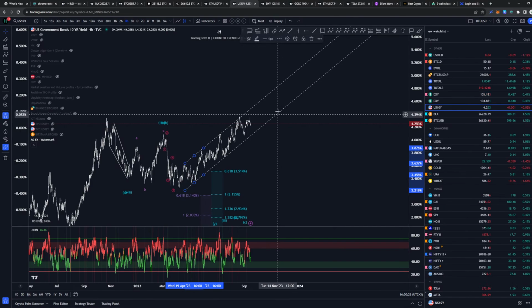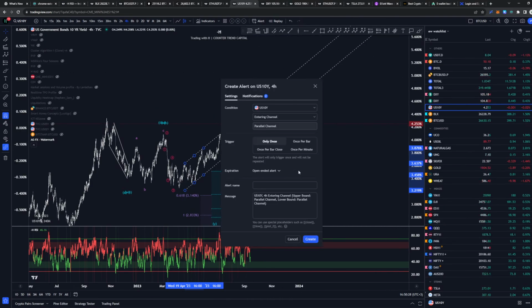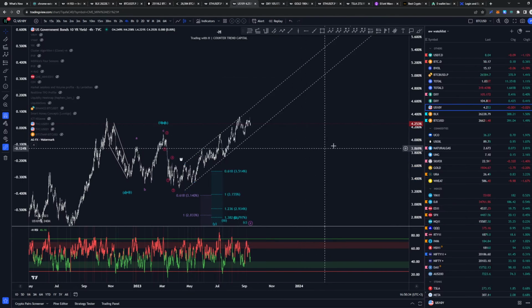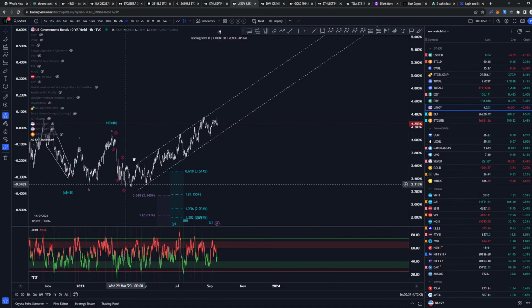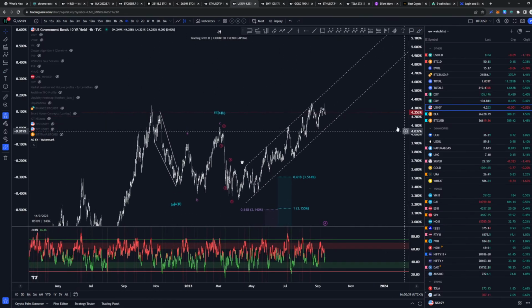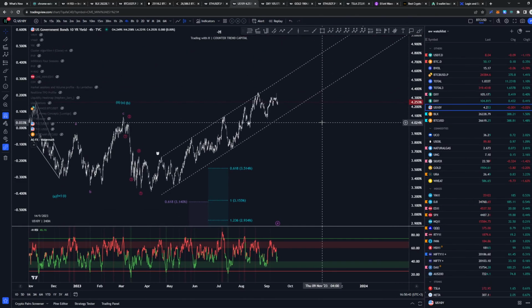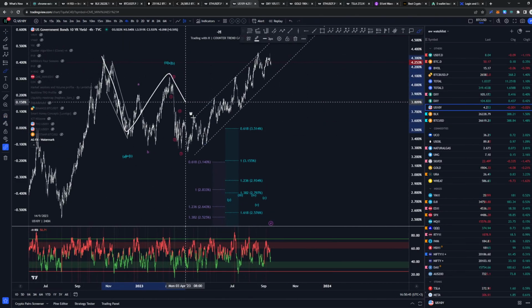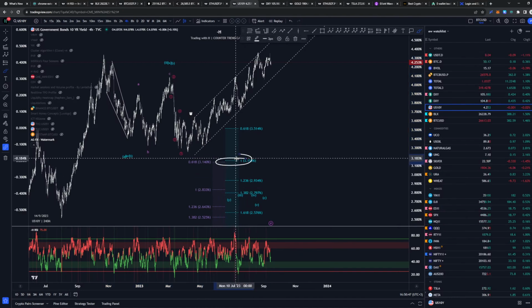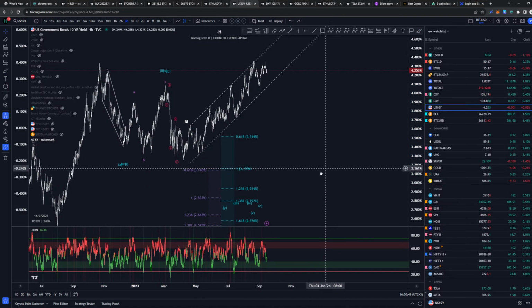Well, probably I'll just set an alarm here once we exit the channel. And that should be fine. Trying to see what kind of count we can fit here. Doesn't really give me anything. The original idea was that we were looking for this kind of move here, at least into the 1-to-1. Never got there.